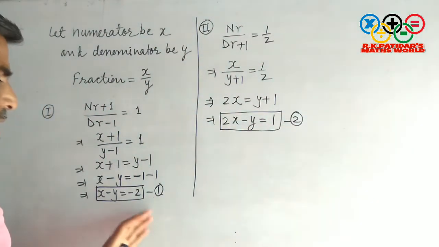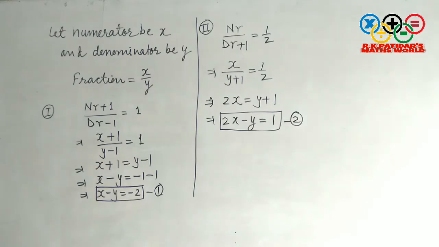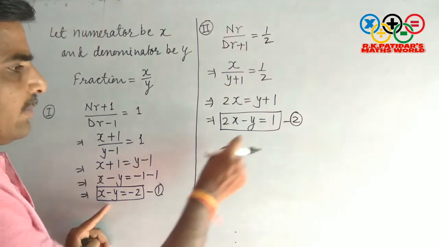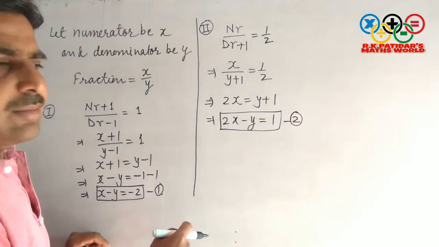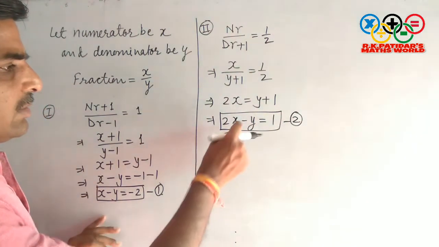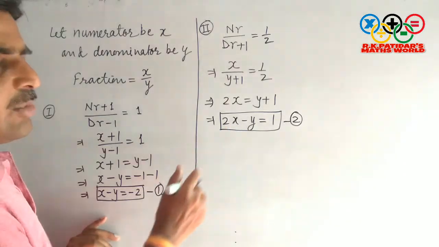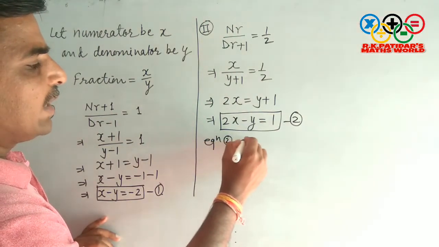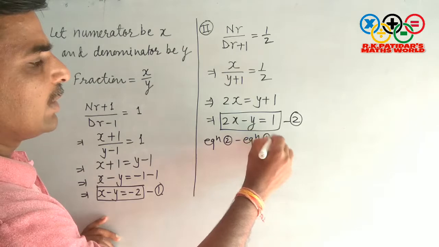Now we will solve these two equations with the help of any method. See, the coefficients of y are the same. So using elimination, what we do is subtract both the equations: equation 2 minus equation 1.